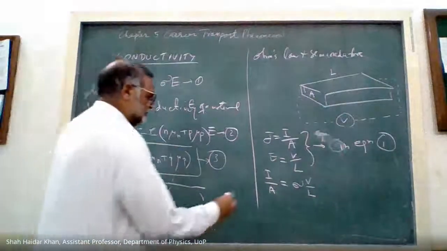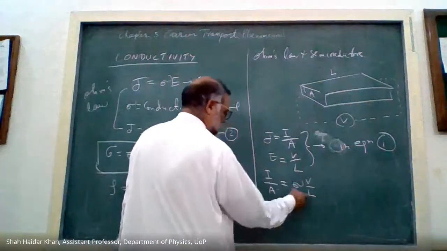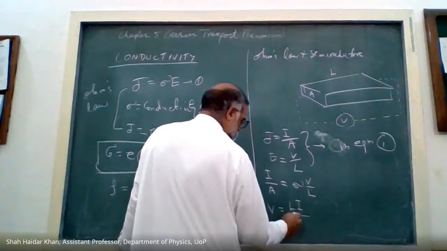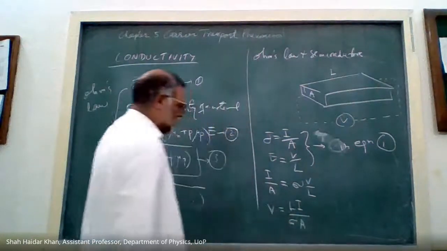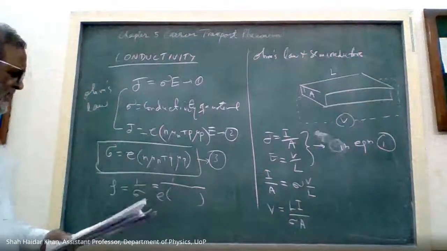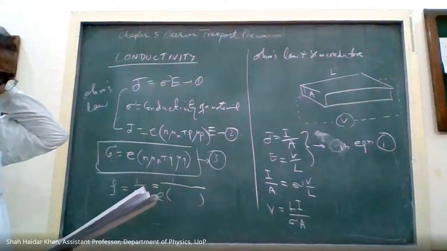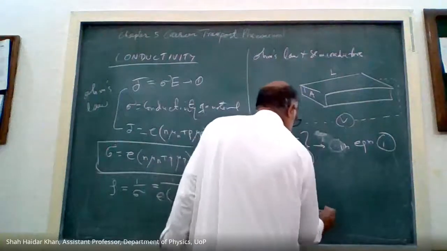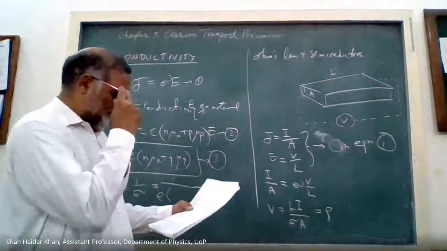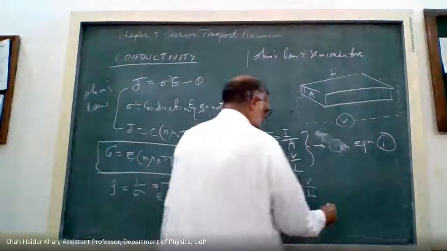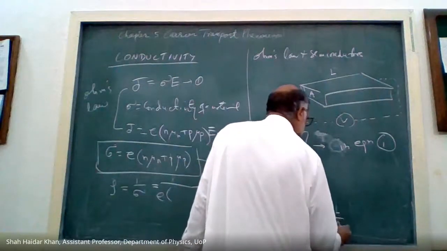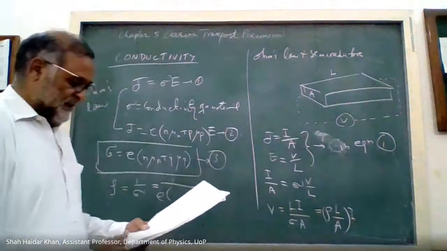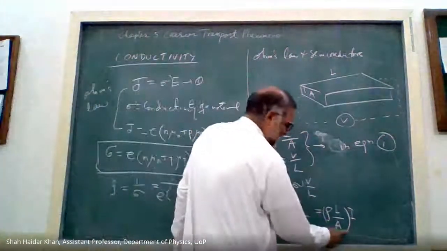Or V is equal to L I divided by sigma into A. One over sigma is equal to rho, so we write V equal to rho L divided by A into I. This thing is called resistance.